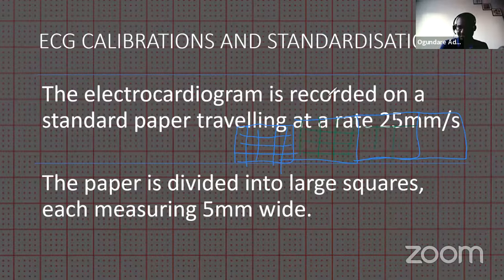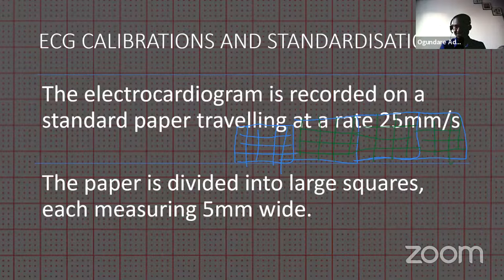Just pardon my drawing. I'll be using boxes and squares interchangeably. So the paper is divided into large squares, and each large square measures 5 millimeter wide.